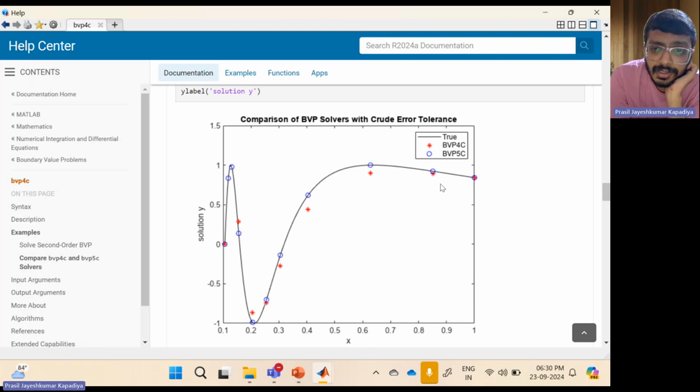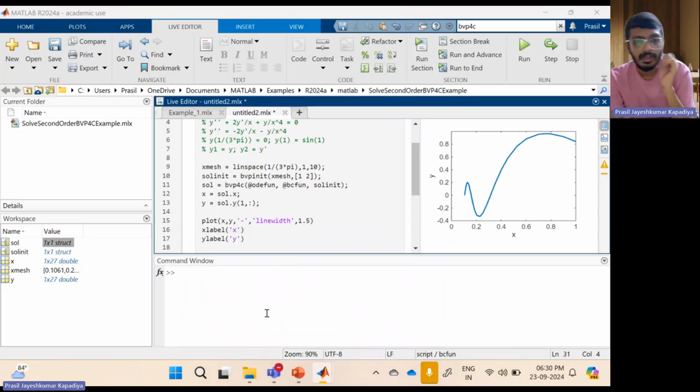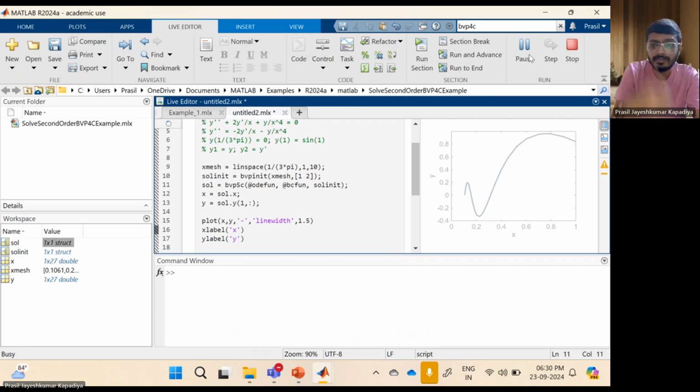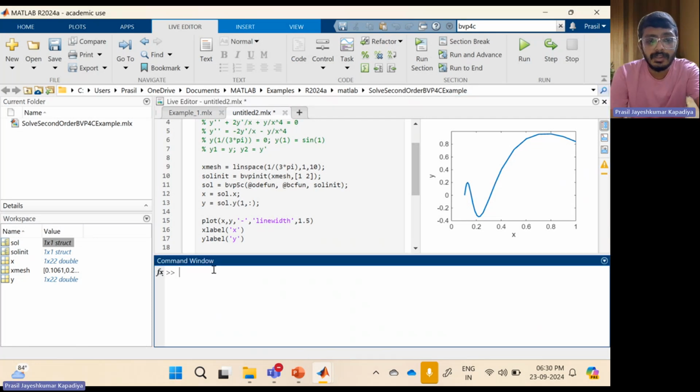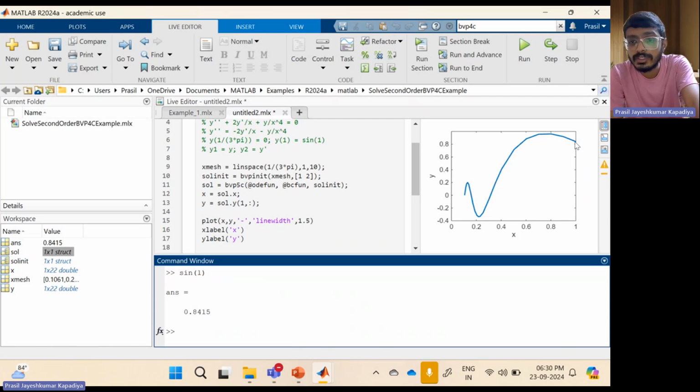Circles are my BVP5C and stars are my BVP4C. So you can see that BVP5C is doing really well. So if we do BVP5C, we will not see a huge amount of change here. So this is the solution that we are getting using BVP5C. So what is sine of 1? It is 0.84. So it is coming out near somewhere 0.84.